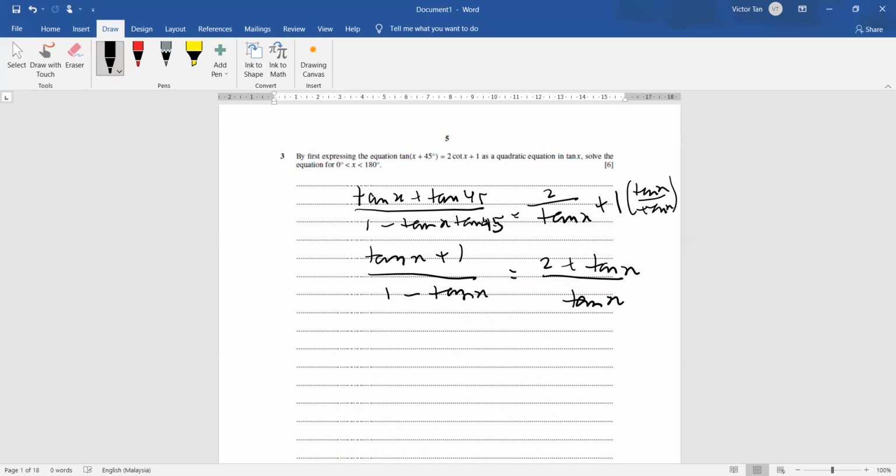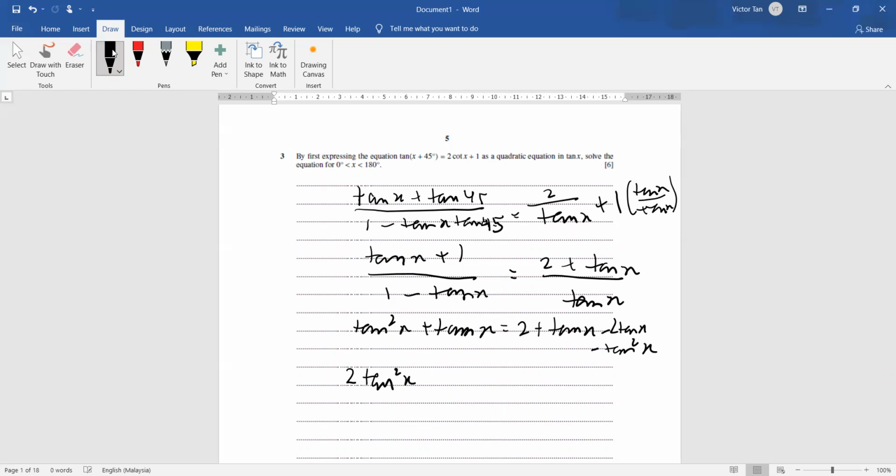Cross multiplying, you get tan squared x plus tan x equals 1 times 2, 1 times tan x is tan x, minus tan x times 2 minus 2 tan x, plus, oops, is minus tan squared x.